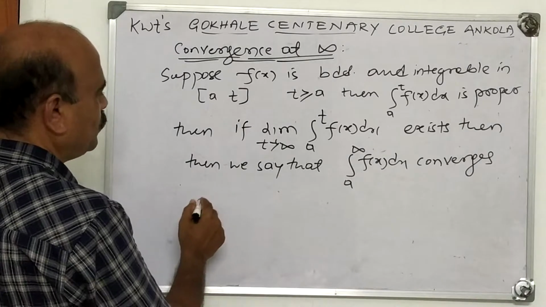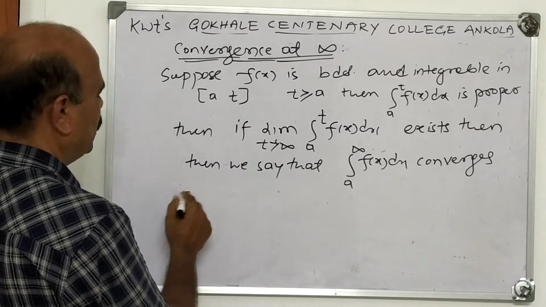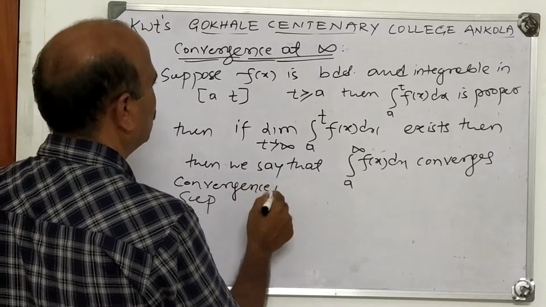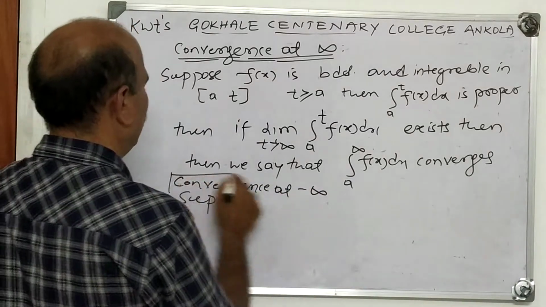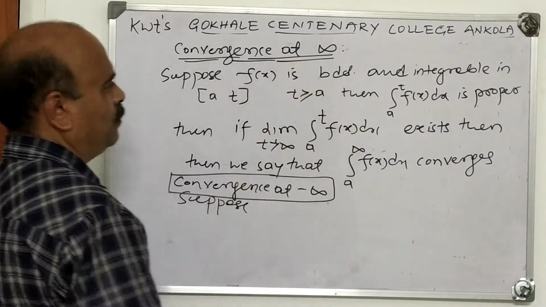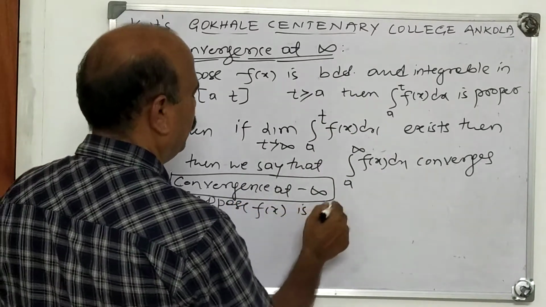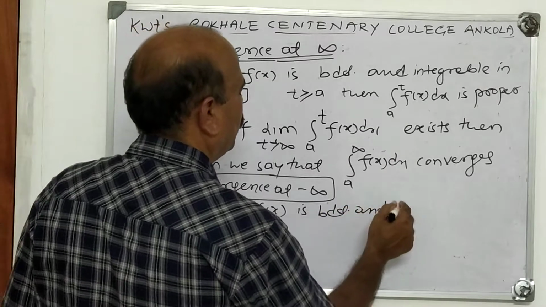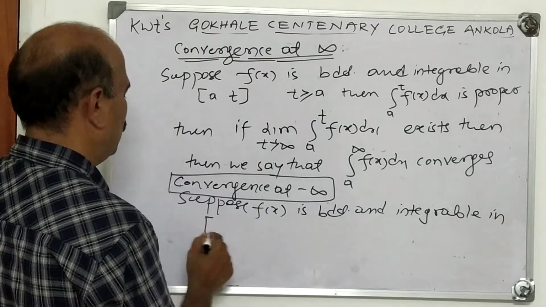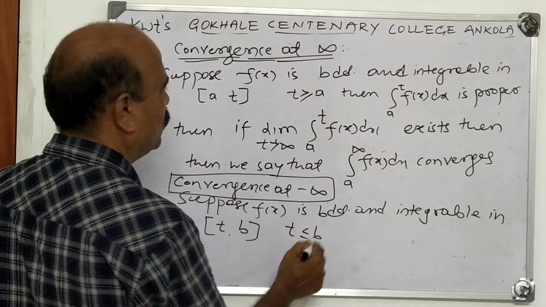On the other hand, how do we test the convergence at minus infinity? Suppose f(x) is bounded and integrable in [t, b], where t is less than or equal to b.